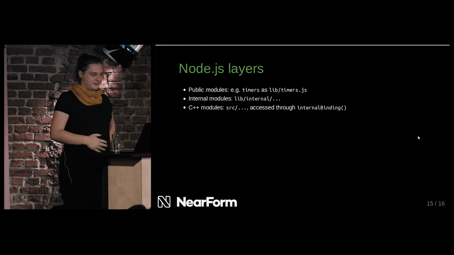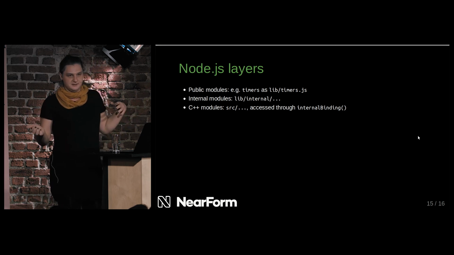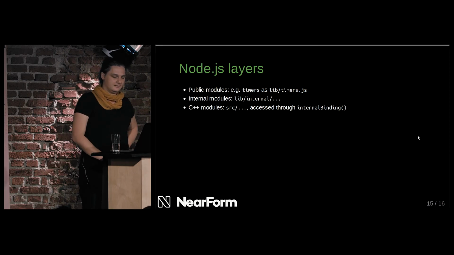One last thing that you definitely should be aware of when you're coding for Node.js is that all the public modules that you can require, like require HTTP or require zlib, are in the lib folder in Node.js as plain JavaScript files. So if you want to look at the source code for zlib, you just go to lib/zlib in the Node.js repository.